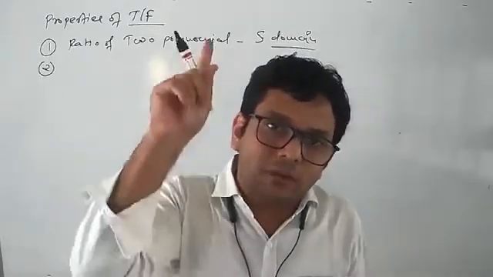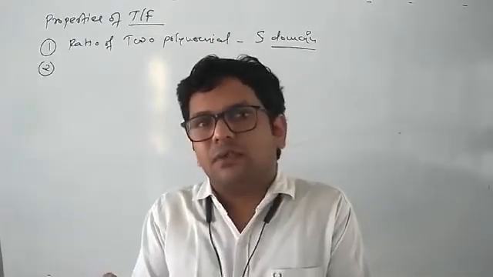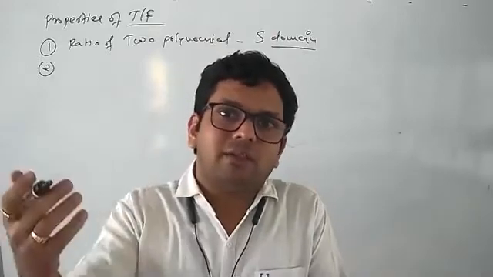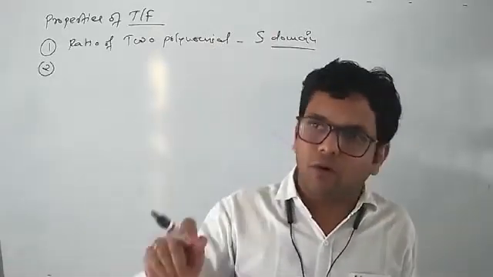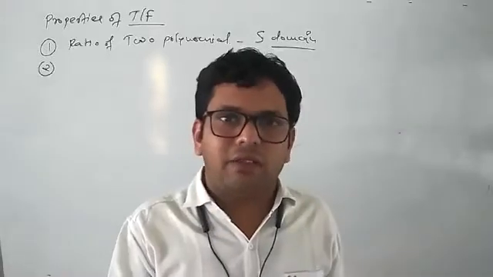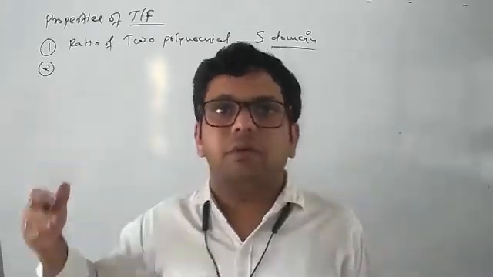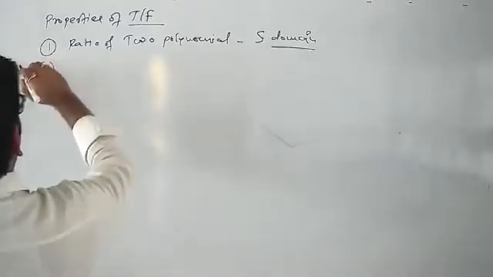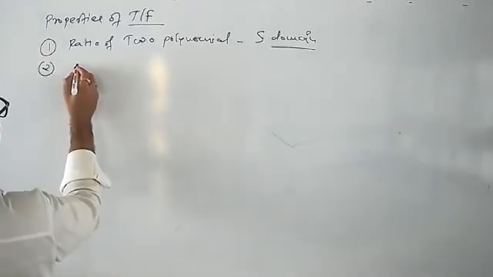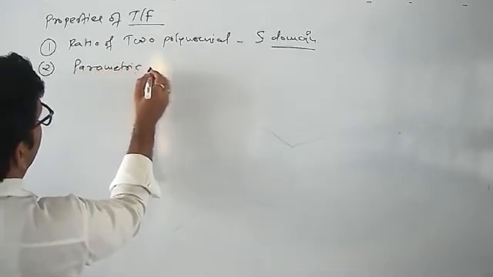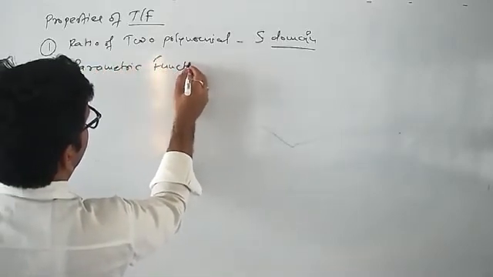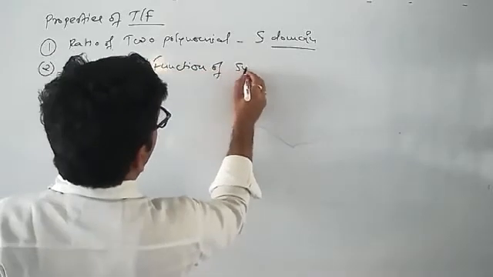That means it only depends on system parameter. Unless your system changes, the corresponding transfer function will not change. If you change the parameters of the system, then the transfer function will also change. So the second property of transfer function is that it is a parametric function of the system.